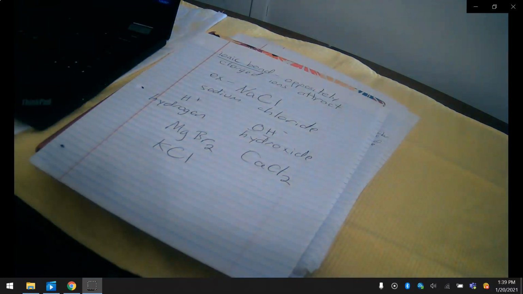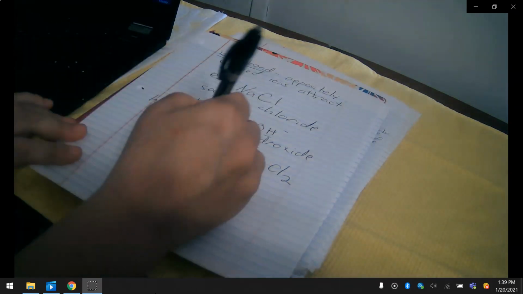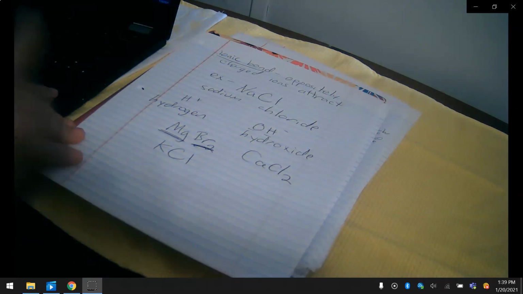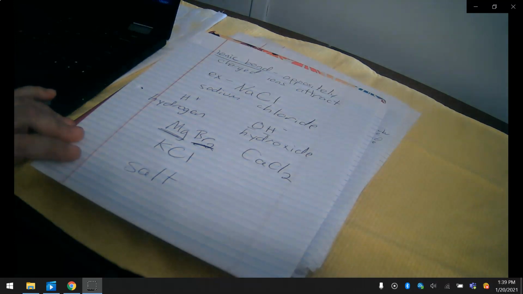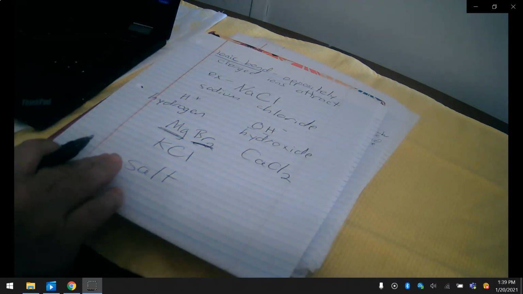So any of those where you have a positively charged ion and a negatively charged ion that are attracted because they're opposite charges, then that is a salt. Okay? So it's not just NaCl that's salt, there are also other salts in chemistry.